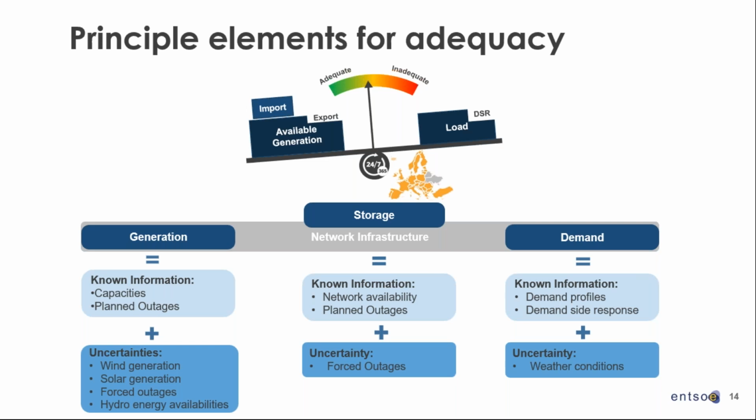Relative to the network infrastructure, we consider the availability of the network, especially the planned outage, meaning the maintenance that we can have. When we are seasonal ahead or week ahead or month ahead, we already have an existing planning of maintenance outage for the infrastructure or for the generators, and that is considered.